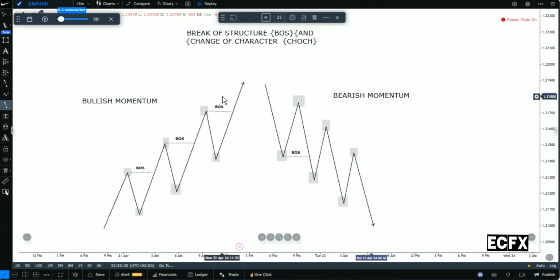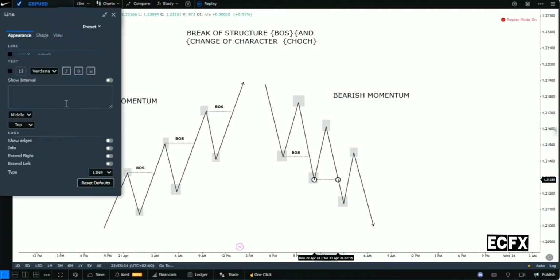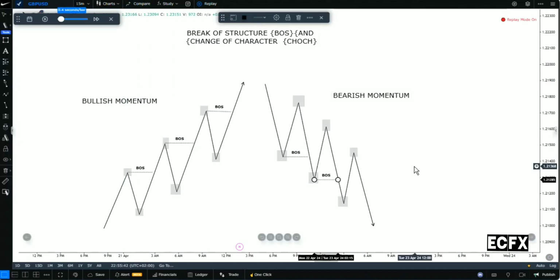This is called bullish, and downside or sell side is called bearish momentum, right? So let's mark out our breaks of structure to the downside, which we call bearish momentum. Breaks of structure to the downside, right?